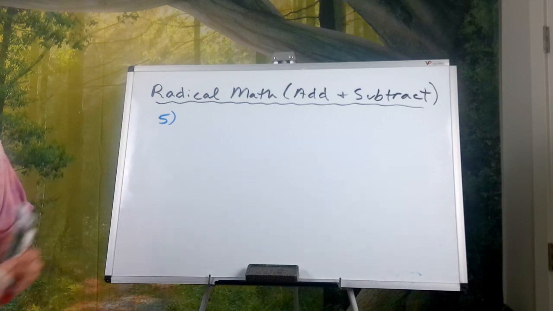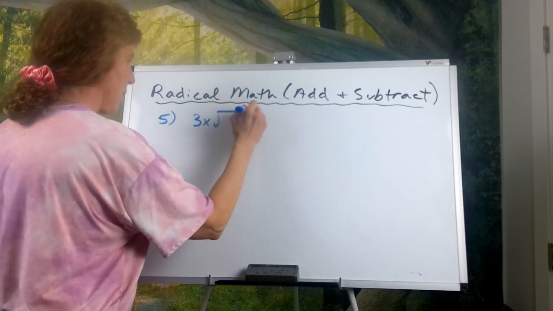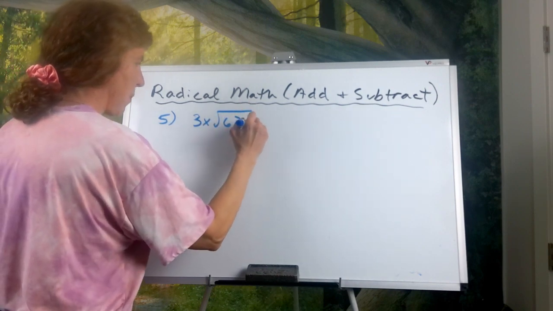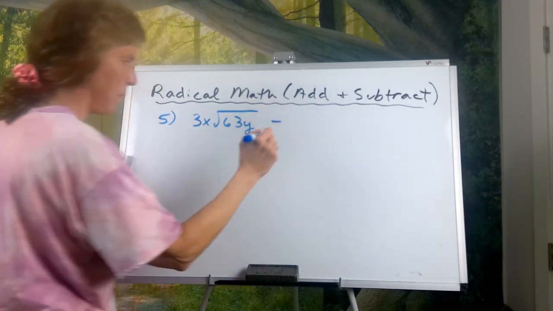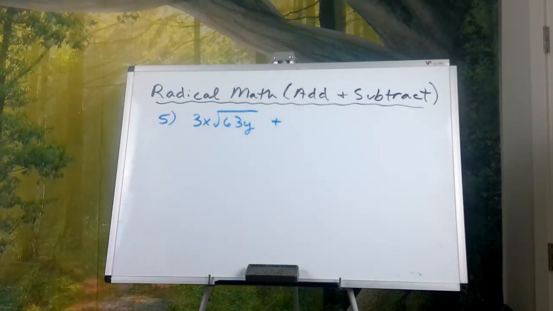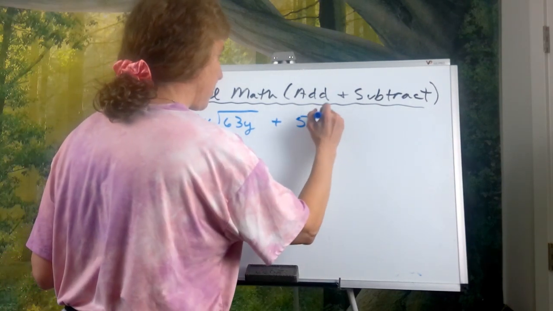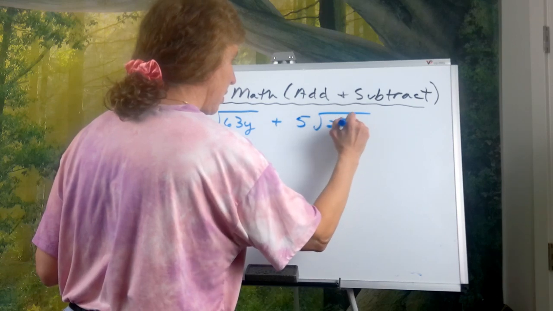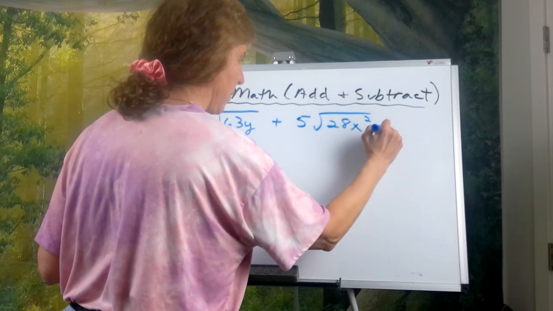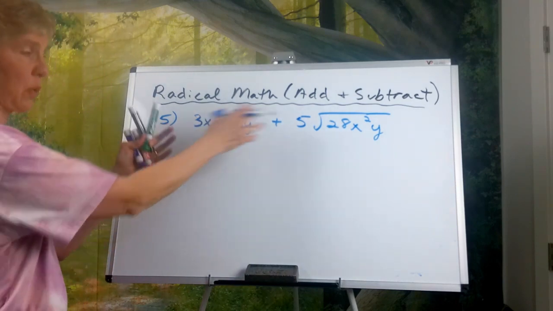There it is, 3x root 63y. Oh, let's do a plus this time. 5 root 28x squared y. Okay. So they're both square roots.